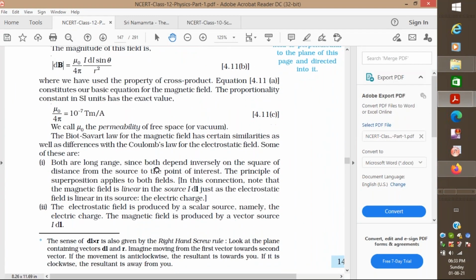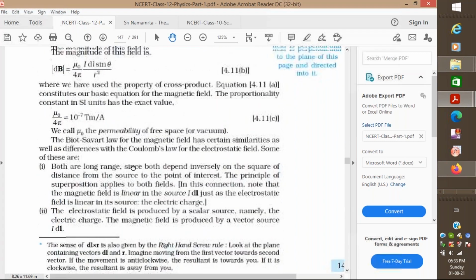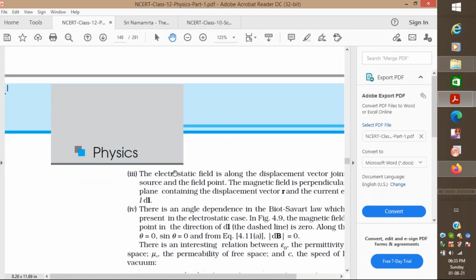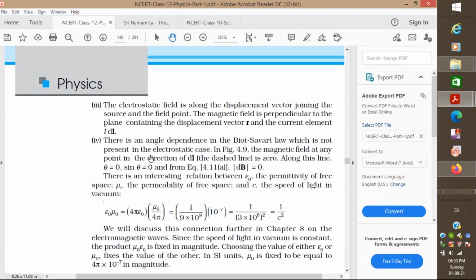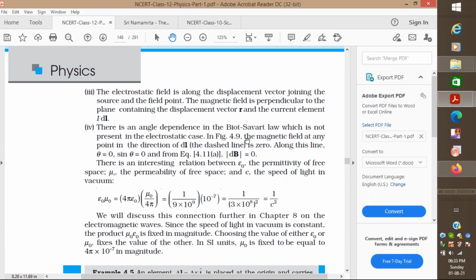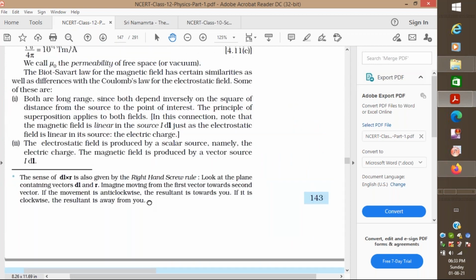One more important difference is that the Coulomb force does not depend on the angle between the charges, but in this case, it depends on the angle between the current element and the radius vector. So this is another point which you'll see.